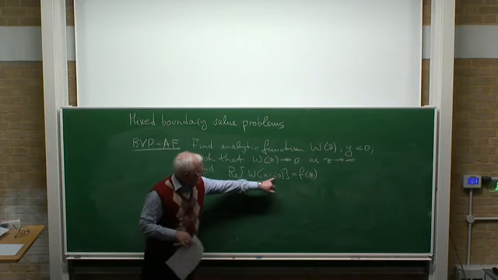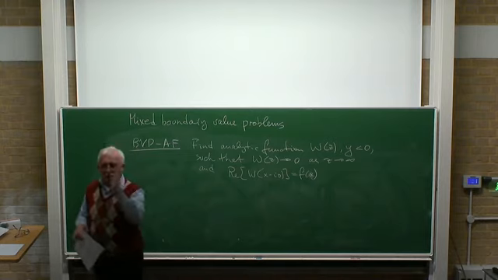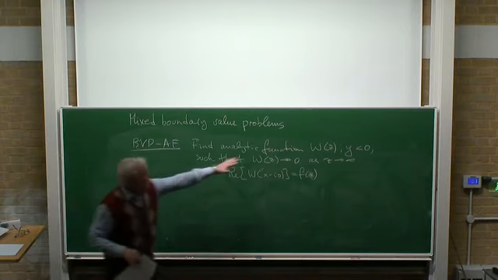Here x minus i0 means that we approach the boundary from below.